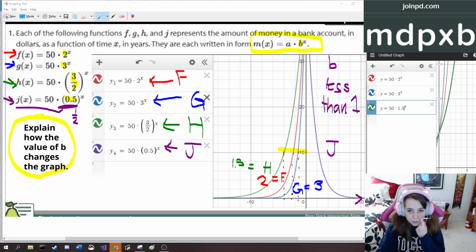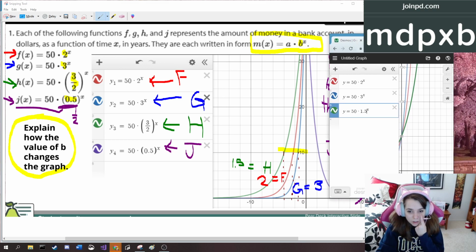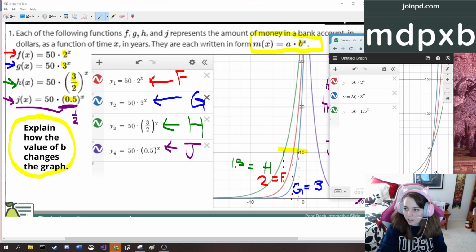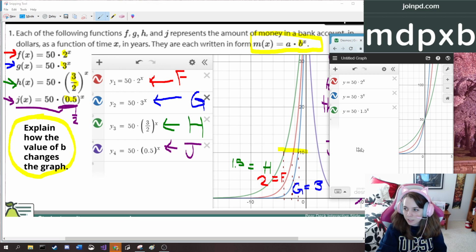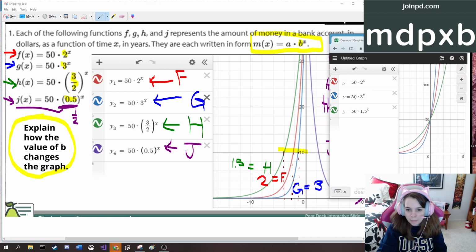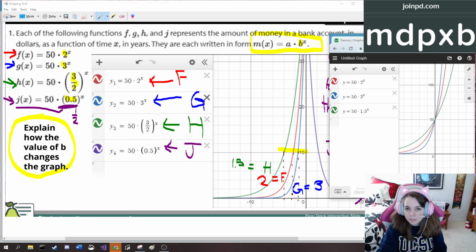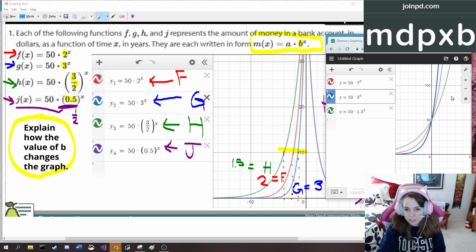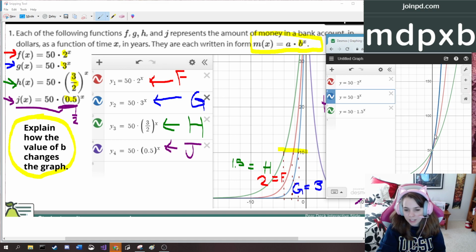Okay, so what's interesting here is you're going to see this kind of flip. The blue line starts below and then it goes over, because we know that the blue one is supposed to be the fastest, right?